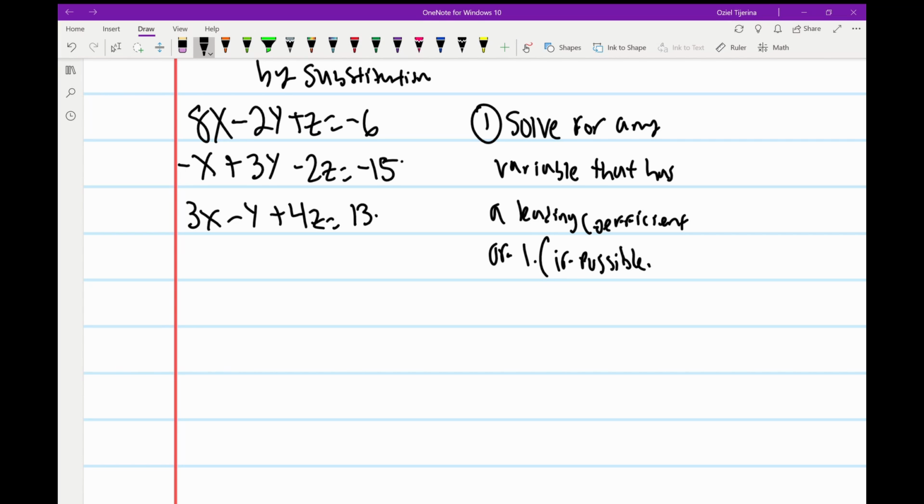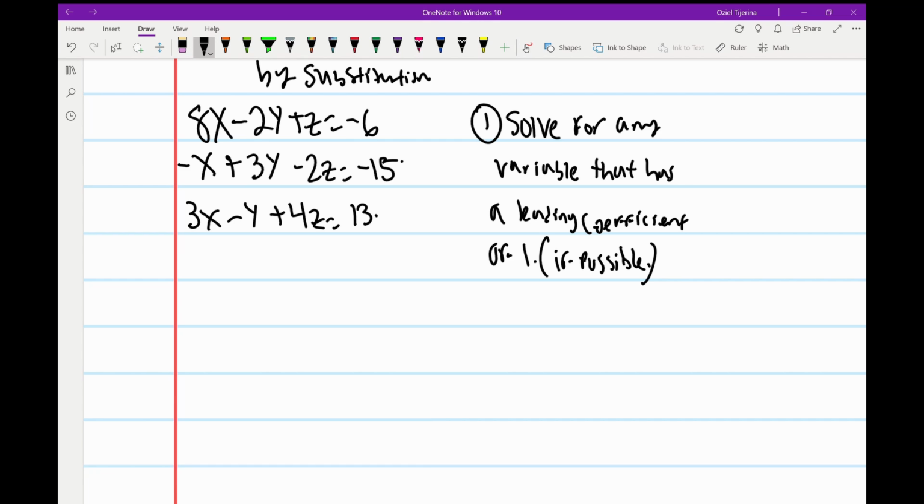And so what I mean by that is, for example, if we have ax squared, a is your leading coefficient, in case you guys don't know what that is.